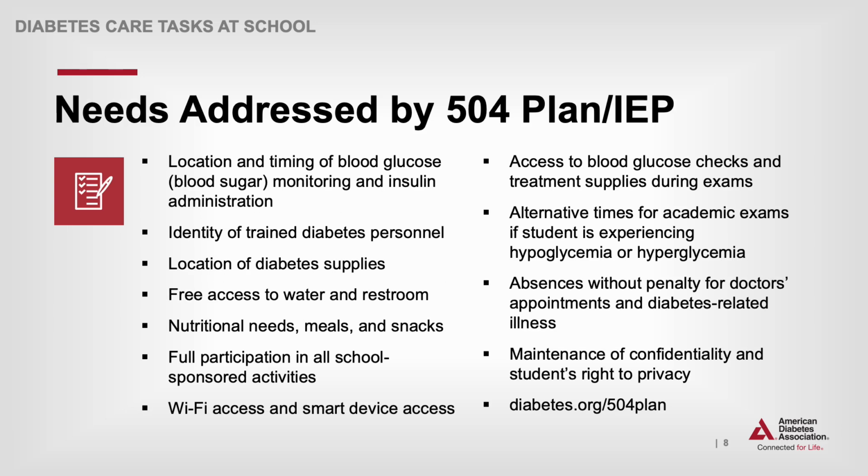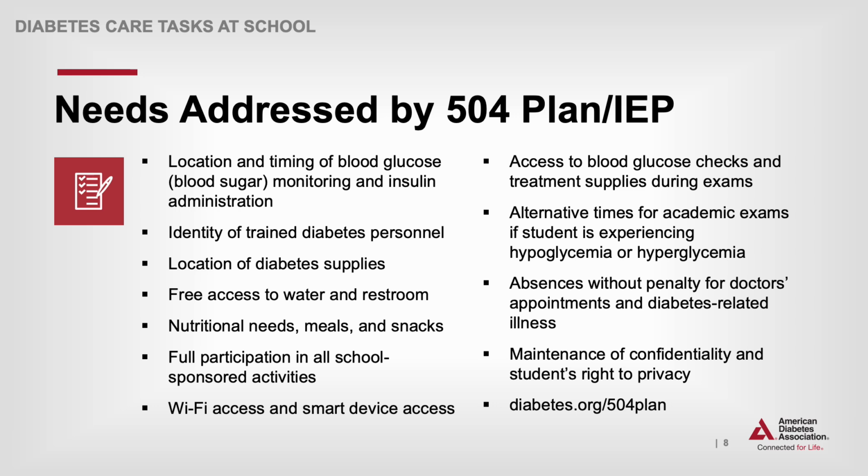The 504 or IEP plan should address accommodations needed for both routine and non-routine school activities and settings, even for relatively infrequent events like standardized testing or overnight field trips. Listed on the slide are examples of the types of things that might be addressed.